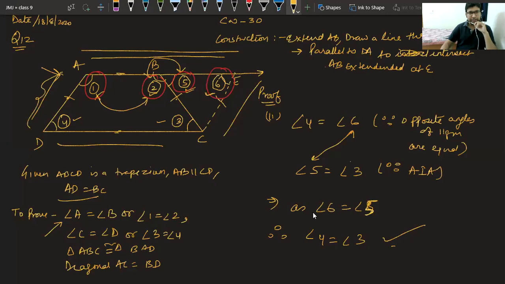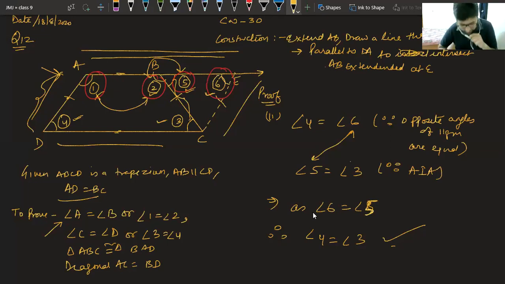Vaishnav is saying, sir, this side and this side are equal. Can't we say directly 4 equal to 3 because they are opposite to equal sides? Class, what do you say? Vaishnav is correct. Vaishnav is saying that as AD is equal to BC, can we say angle 4 equal to angle 3?